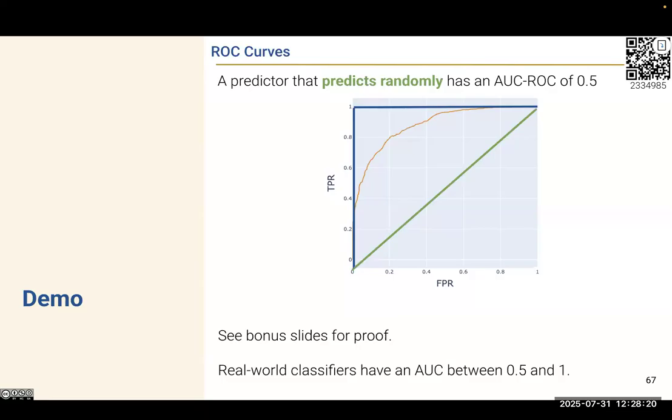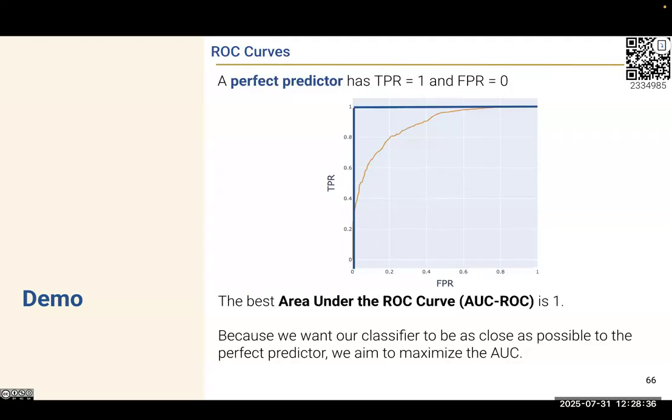And if our classifier behaves randomly, so every time it has to classify, it flips a coin, this green line is what its ROC curve looks like. We compare the ROC curve of our classifier to these two extremes by looking at the area underneath it.